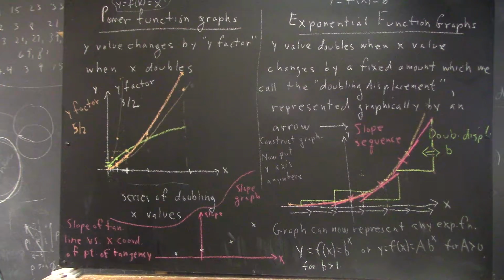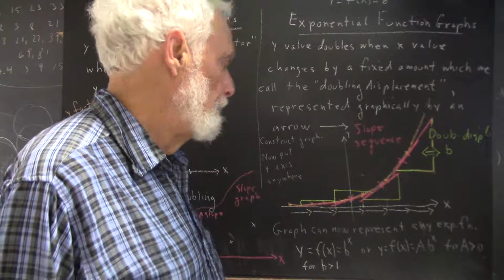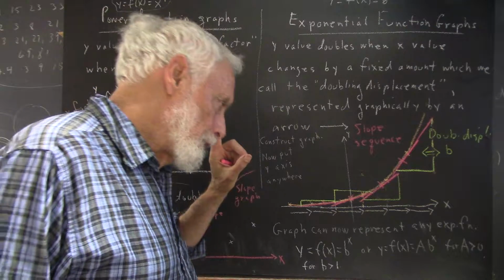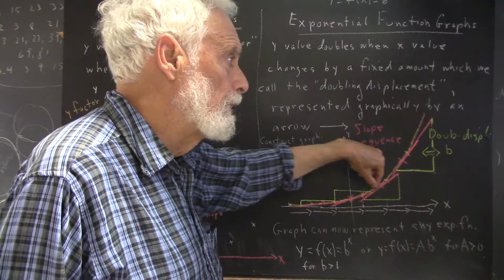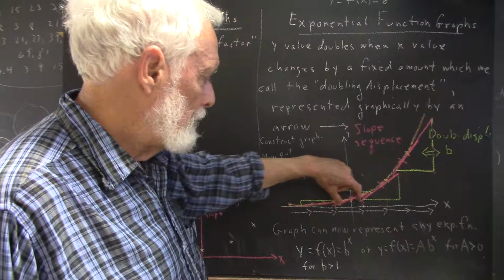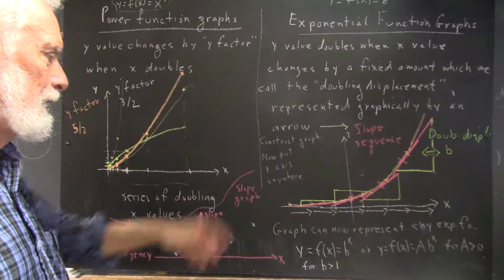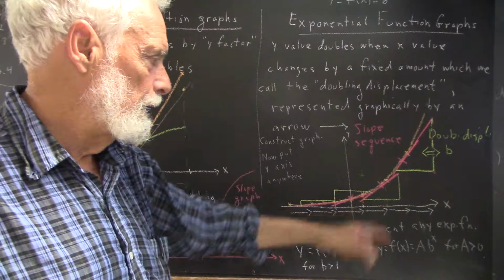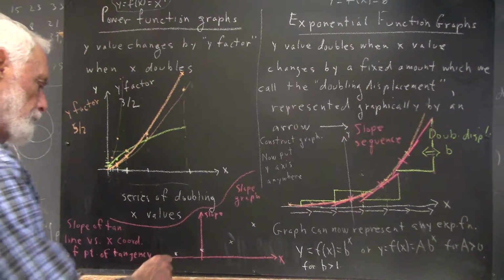And the distances between these points of tangency are not, in the first place, consistent. The changes in the x value are not always the same, but they don't match the doubling displacement either. So this graph appears to be related to this graph, but we can't draw a lot of conclusions.